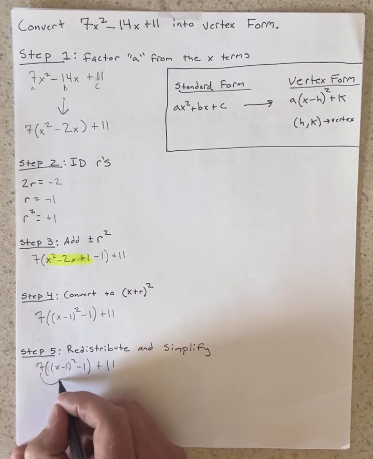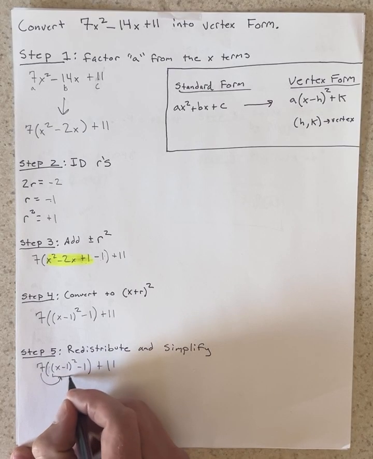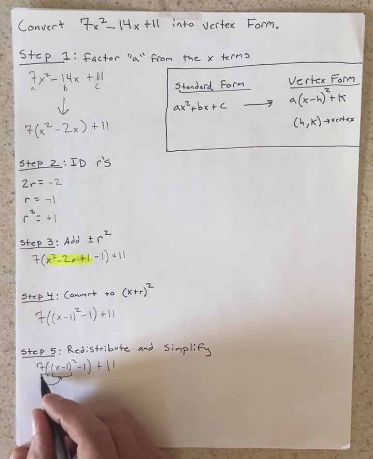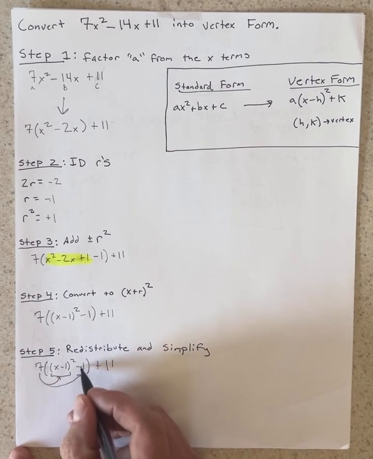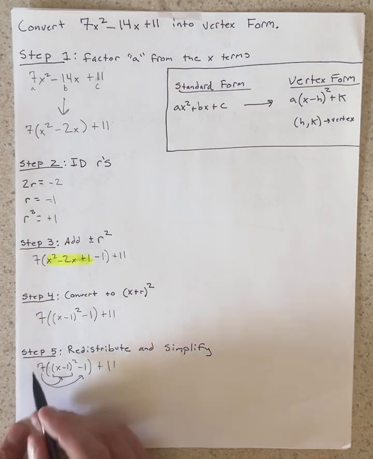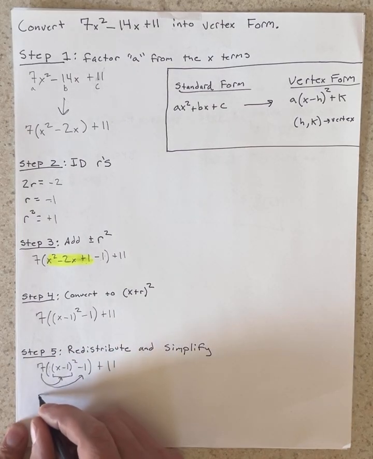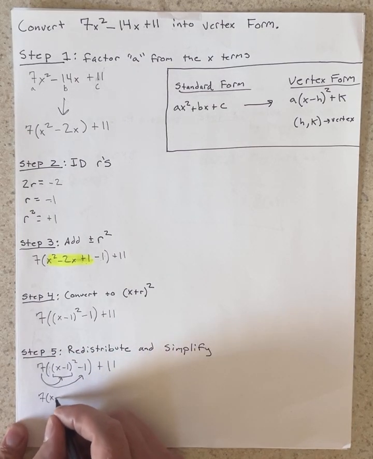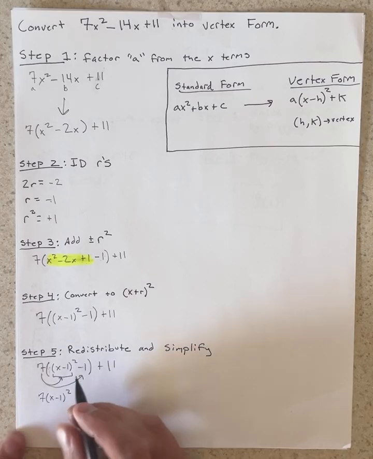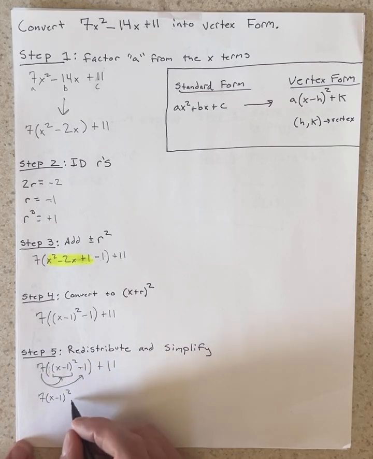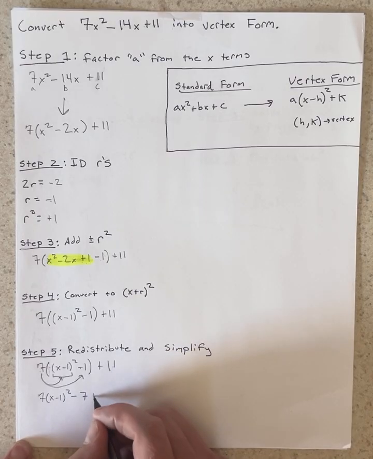So we're going to be multiplying the 7 times the inner parentheses, and we're going to be multiplying the 7 times the negative 1. And so 7 times those parentheses will just be 7 parentheses x minus 1 squared. 7 times negative 1 is minus 7. And then this 11 is going to come down right here.